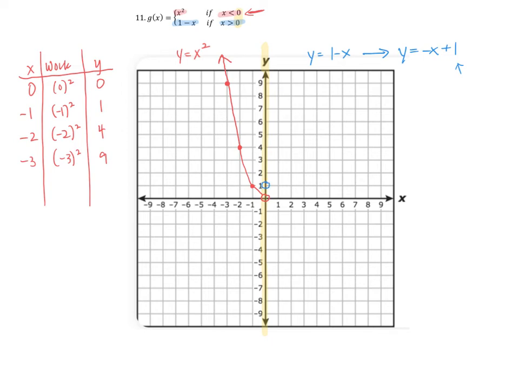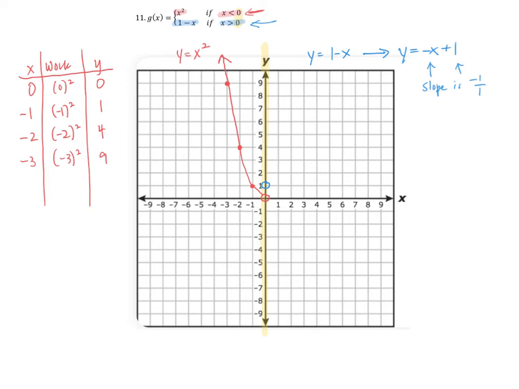It's an open circle because x is greater than 0, not equal to. So you've got to have an open circle on that boundary. And then you're going to use the slope. So the slope is -1, which is like -1/1. So you can go up 1, left 1.